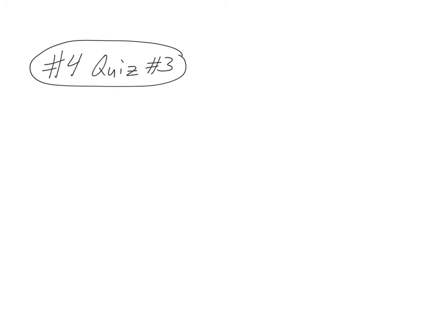Taking a look at number 4 on the quiz. Number 3. So let's look at the first 2. So we split our alkene in half, right? We're going to compare these 2 things on this side, right?